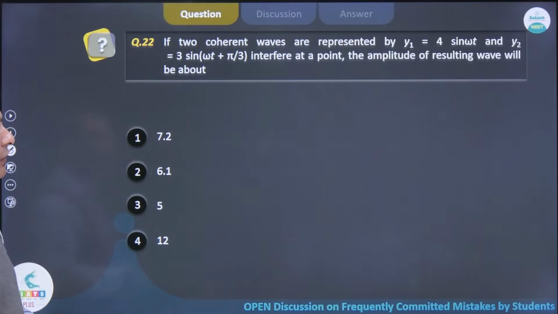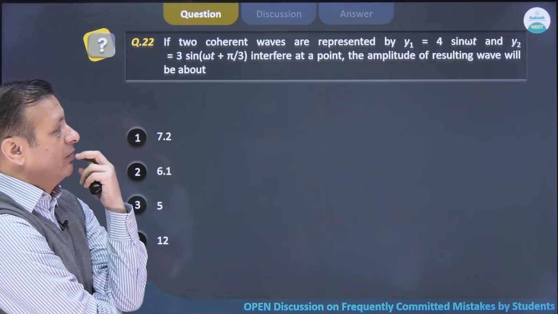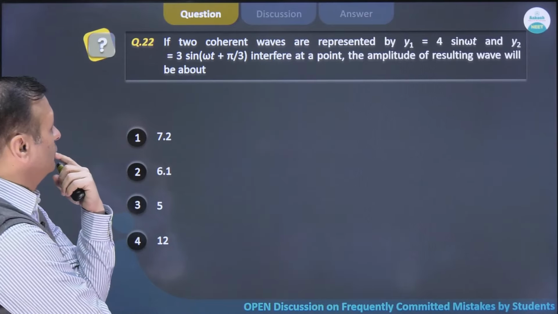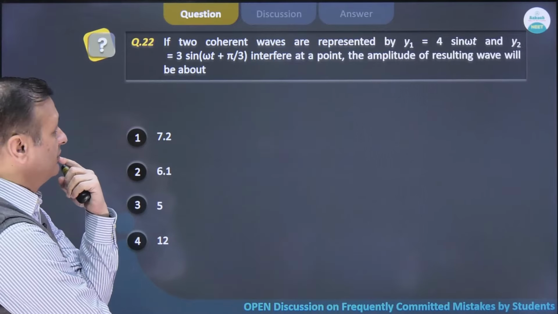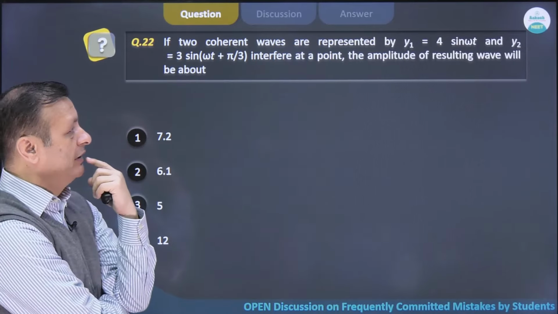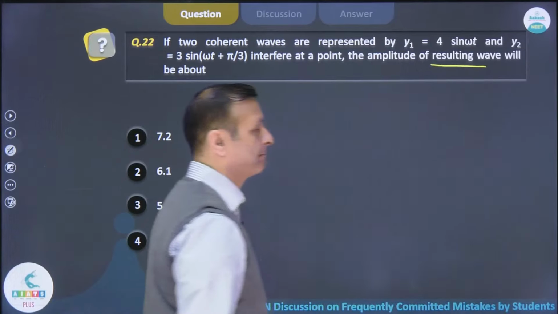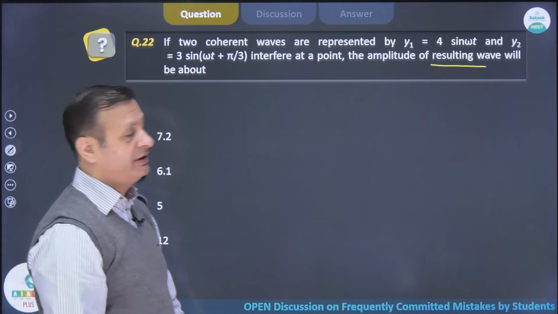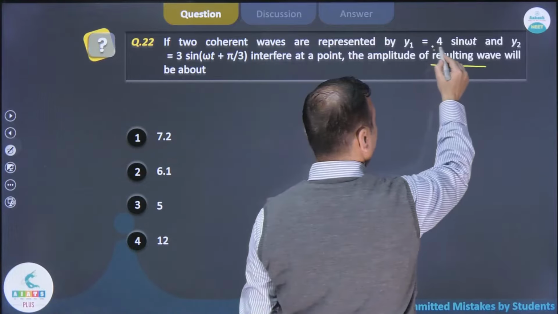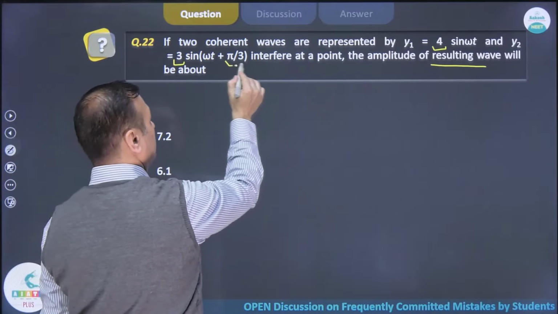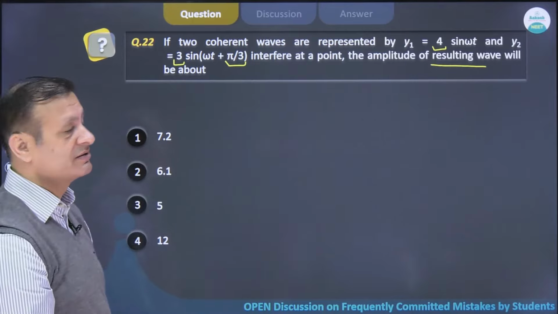Now, if two coherent waves are represented by y1 is equal to 4 sin omega t and y2 is equal to 3 sin omega t plus pi by 3 interfere at a point, the amplitude of the resulting wave will be. So, if you look at the amplitude of the first wave is 4, the amplitude of the second wave is 3, but with a phase difference of pi by 3, that is 60 degree.